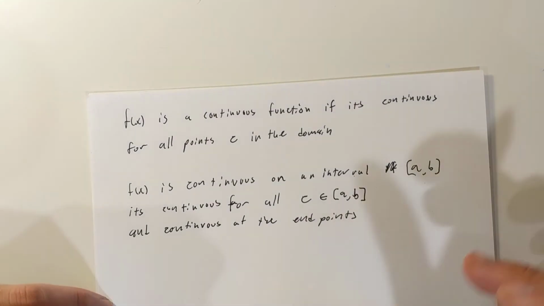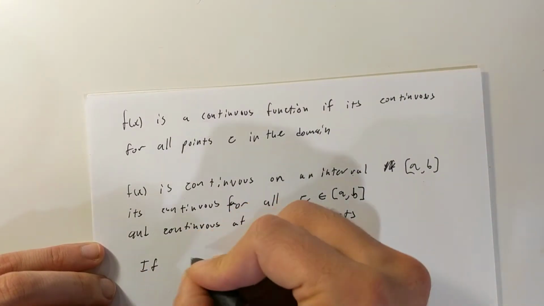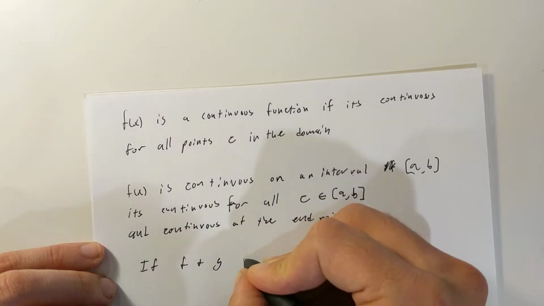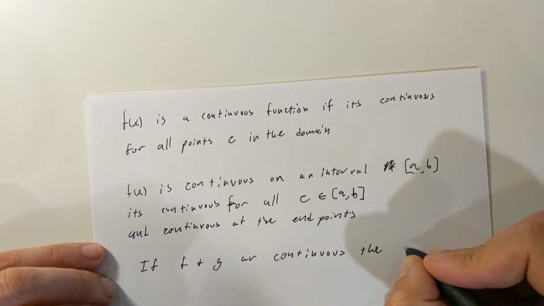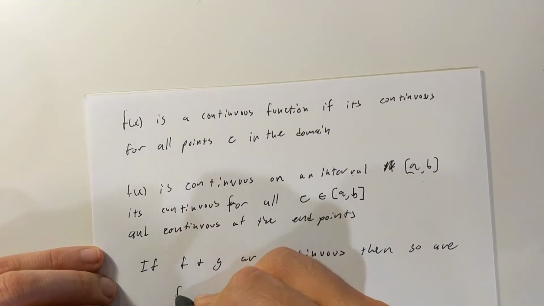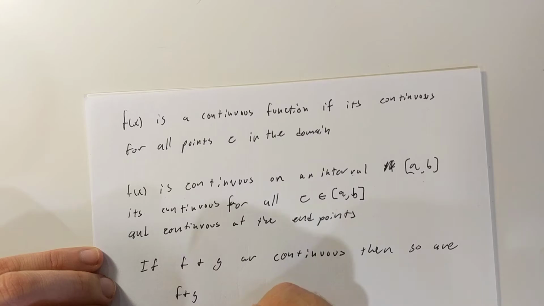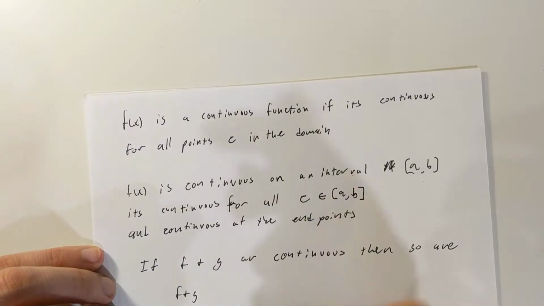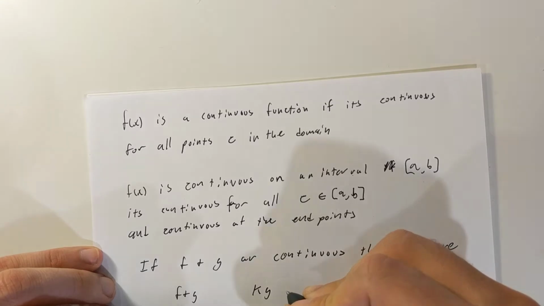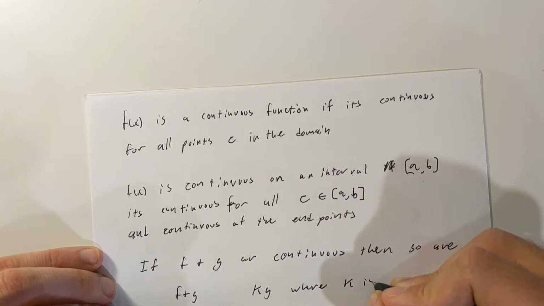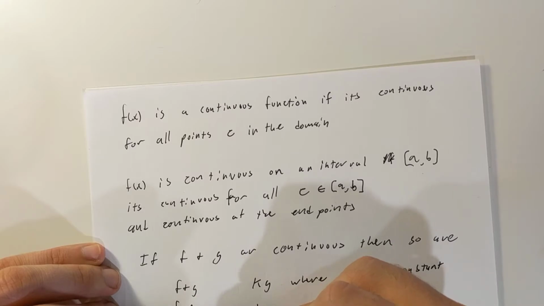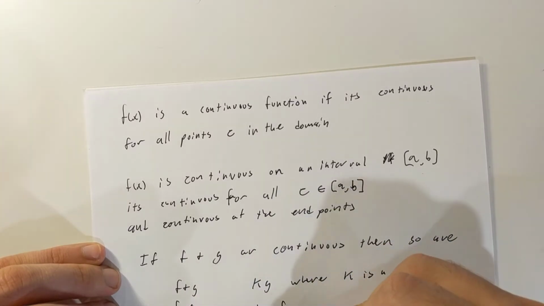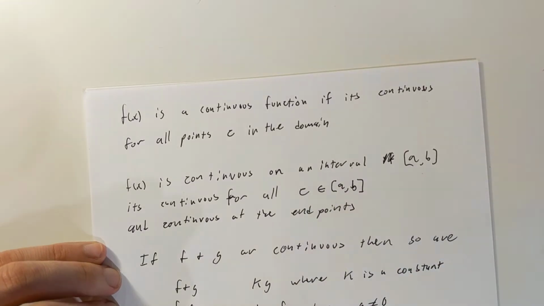By the way, if f and g are continuous, then so are f plus g, f minus g, f times g, k times g, where k is a constant, and f divided by g, where g does not equal 0.